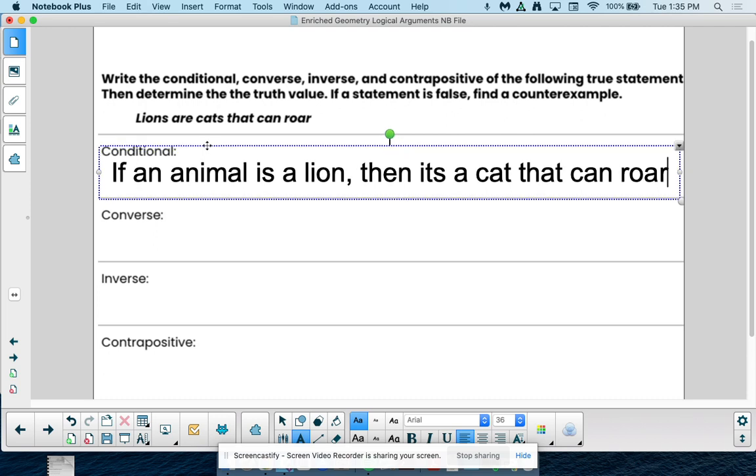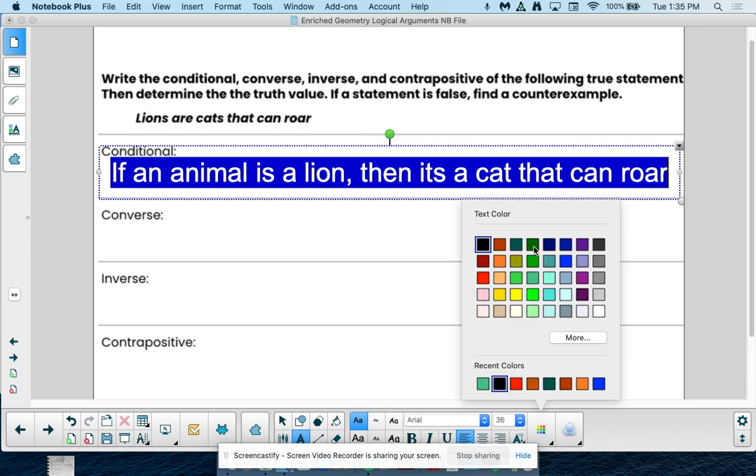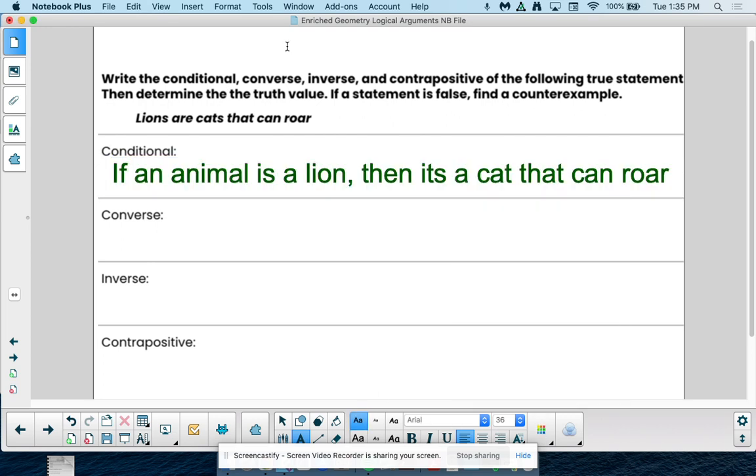So that's our if-then statement. Okay, now converse, what do we do to our order? Flip it, so it's Q implies P. So what would that look like? If an animal is a cat that can roar, then it's a lion?